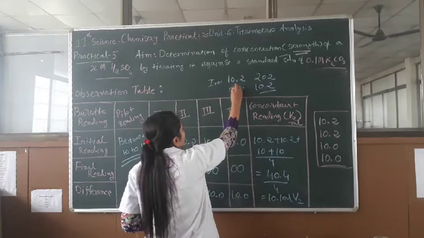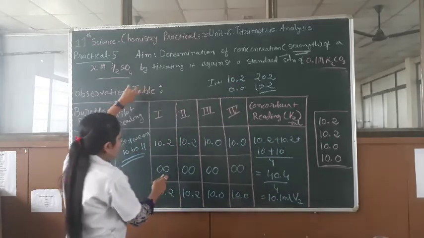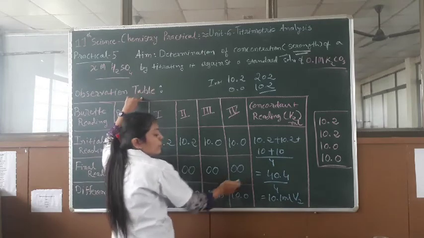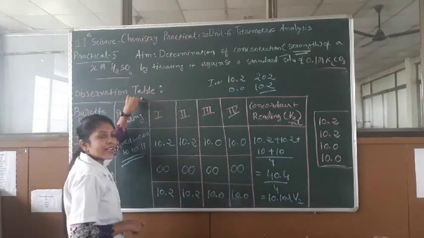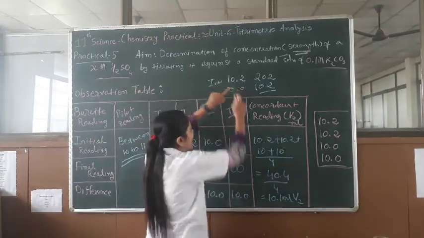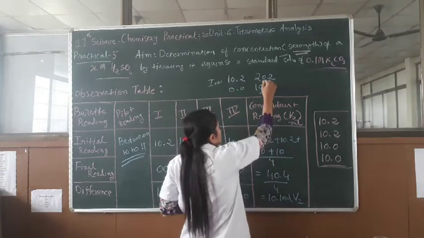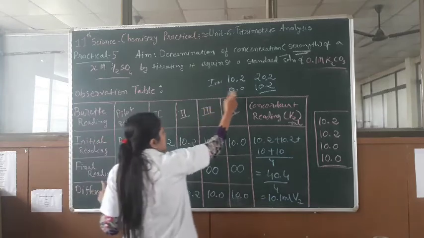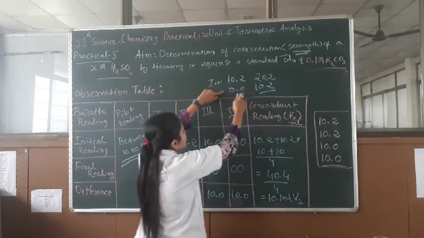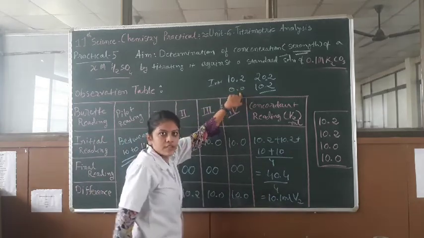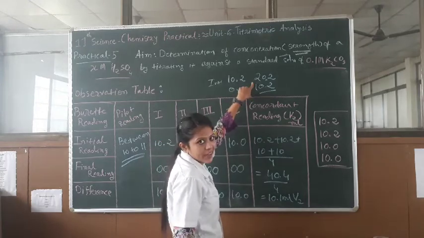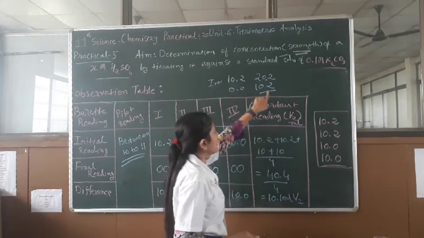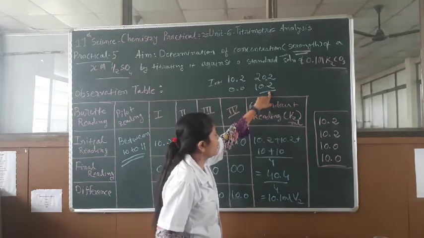So you have to remember, if we set 0 every time, you have to write 0, 0, 0 in the final reading. But if we didn't set 0, then the initial readings are 10.2, 20.2, and the final reading is 0, 0, 0. For the first reading the initial is 0, but after the second reading we continue from the first reading, so we write 10.2.